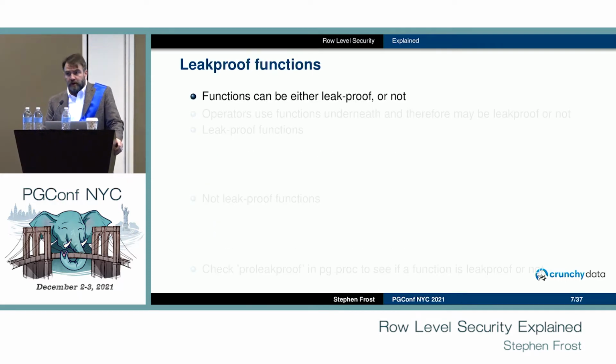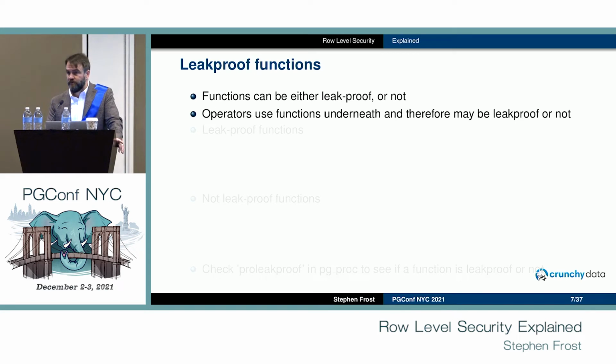Another big component to row level security that's important to understand is what's known as leak-proof functions. Functions in Postgres can either be leak-proof or not. Operators use functions underneath, and therefore, if the operator is using a leak-proof function, then the operator is essentially leak-proof. If, however, the function that the operator uses is not leak-proof, then the operator itself is not leak-proof.